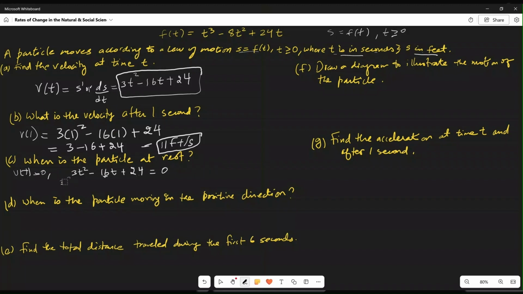So if you remember, the quadratic formula is mostly used, but there's another trick, a shortcut, that we can use as well. The first is the quadratic formula.